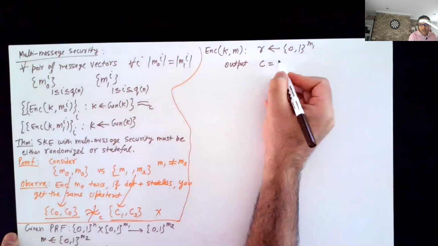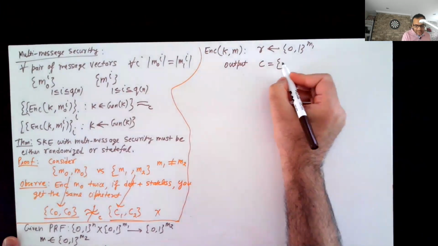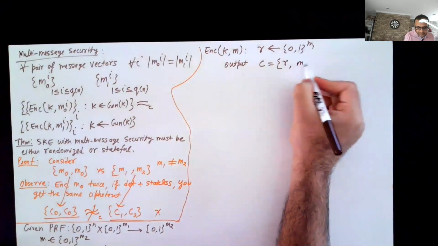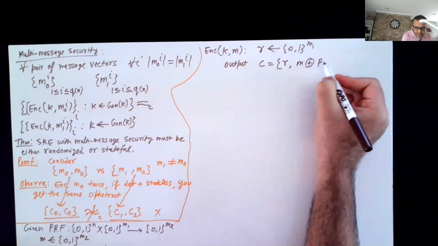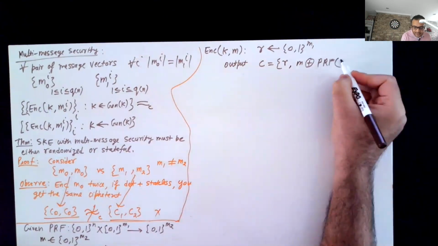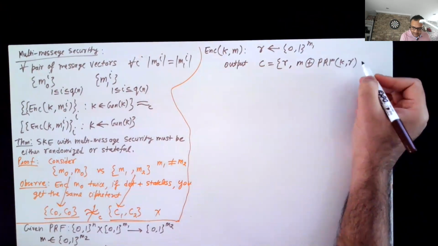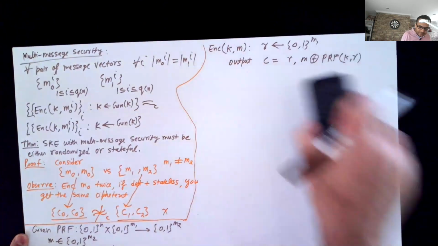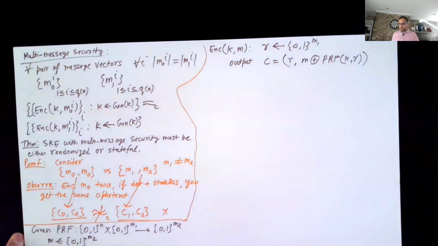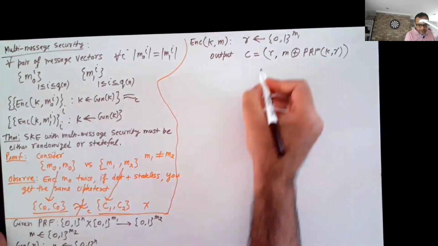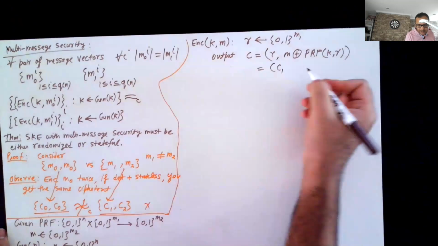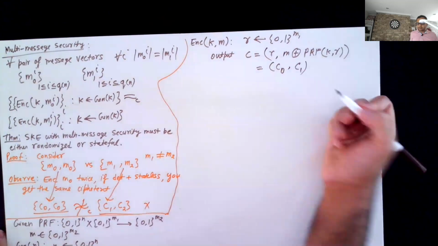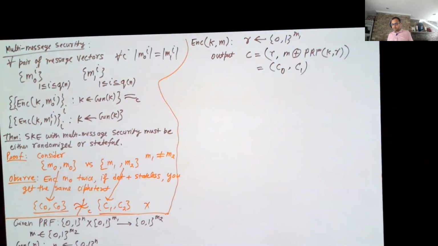Your ciphertext will now have two different components. First is this random number, or the index, given in clear in the ciphertext. Next, you evaluate the PRF on the secret key and this random index, and you XOR it with the message. Let's denote the components by C0 and C1. So there are two different components in the ciphertext.